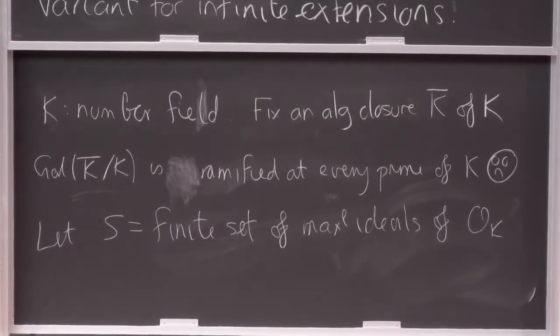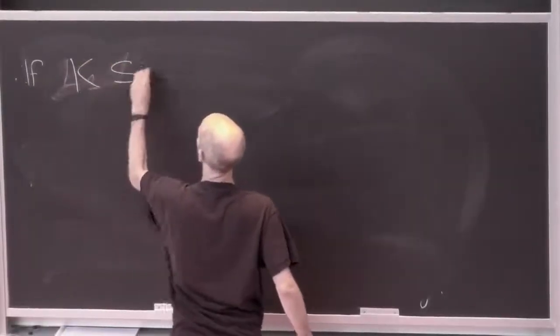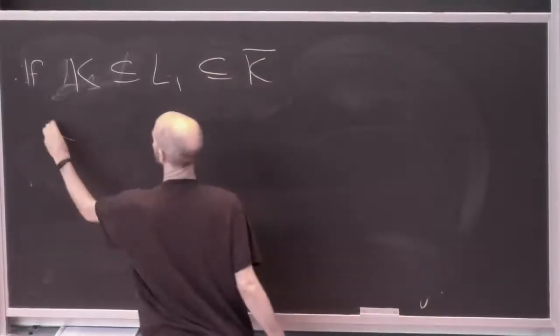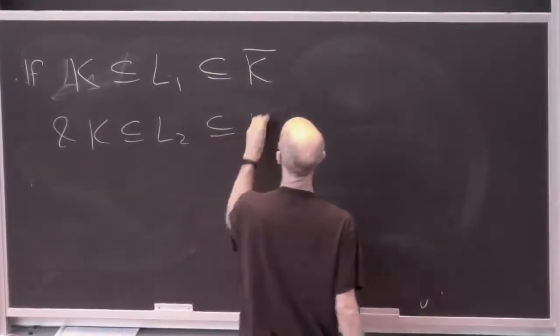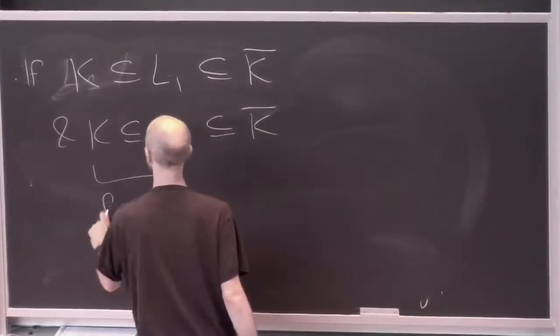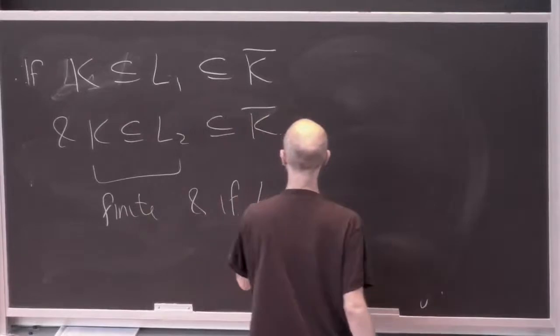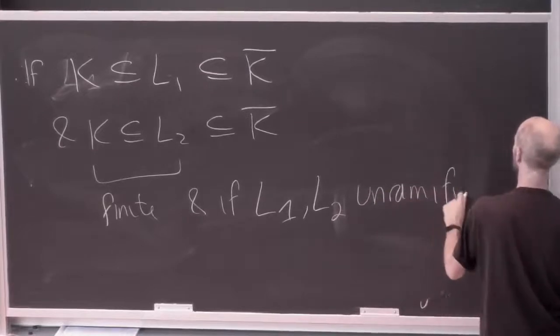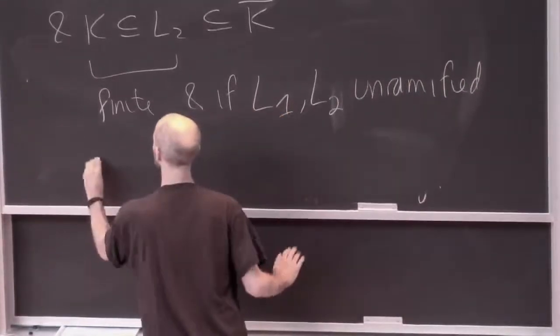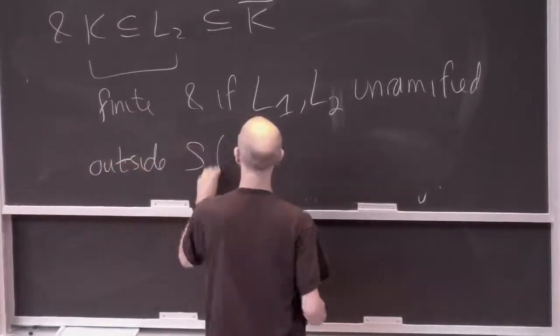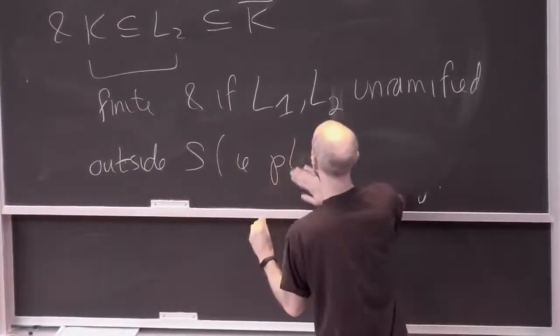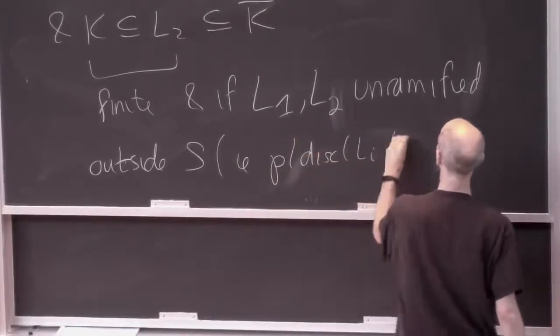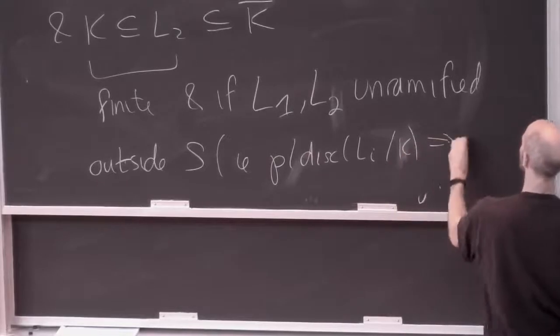So it turns out that if K lives in L1 lives in K-bar, and K lives in L2 lives in K-bar, and these are finite, and if L1 and L2 are unramified outside S, i.e. that means if p divides the discriminant of Li over K, implies p is in S, right?